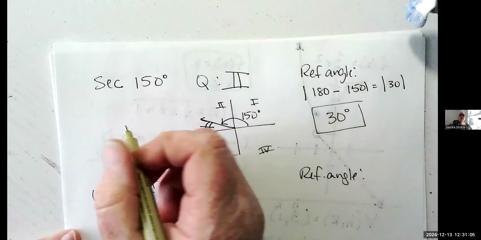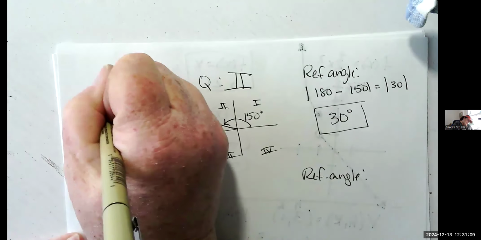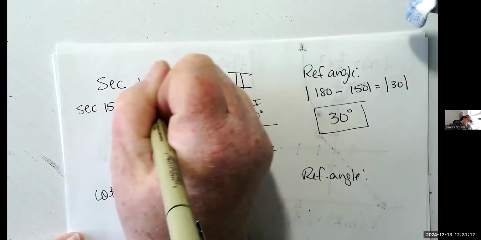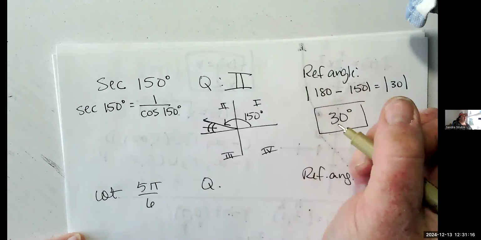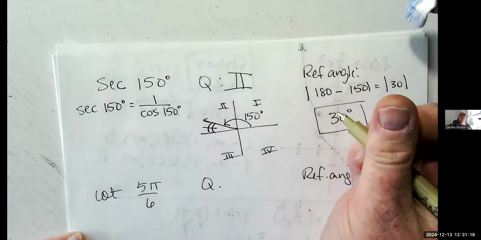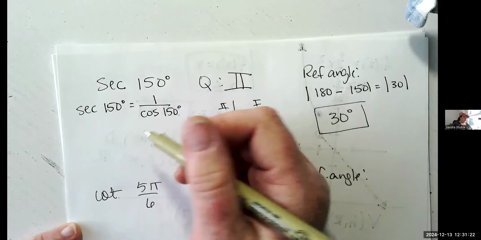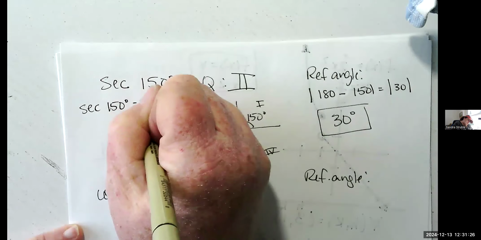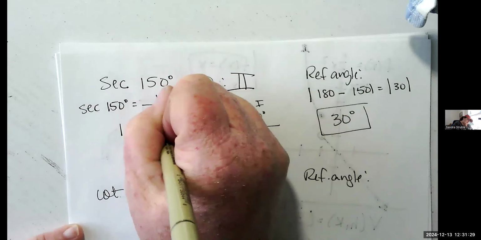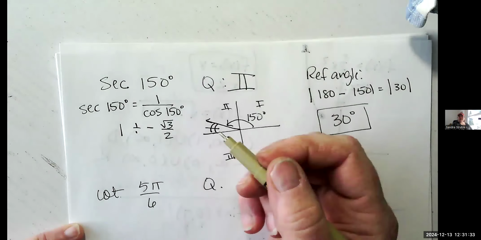All right. Secant, so secant of 150 degrees is equal to 1 divided by the cosine of 150 degrees. And I'm doing this without a calculator. The cosine of 150 degrees is negative square root of 3 over 2. So this is going to be 1 divided by negative square root of 3 over 2, which is your x value, because remember cosine is equal to x.